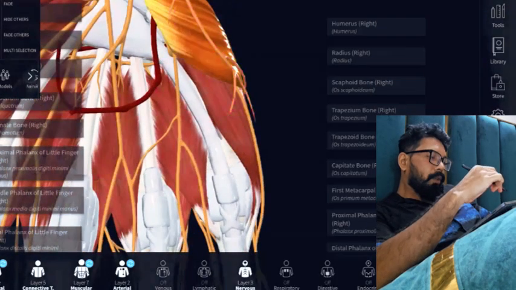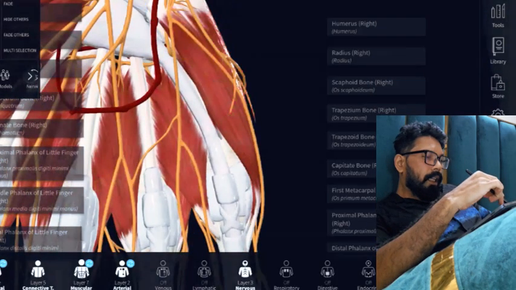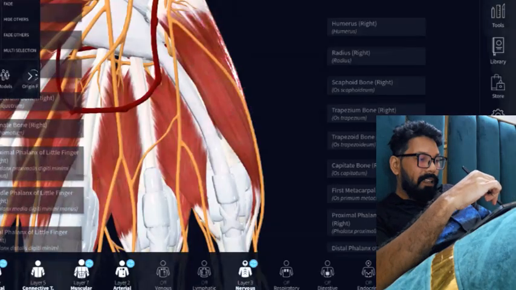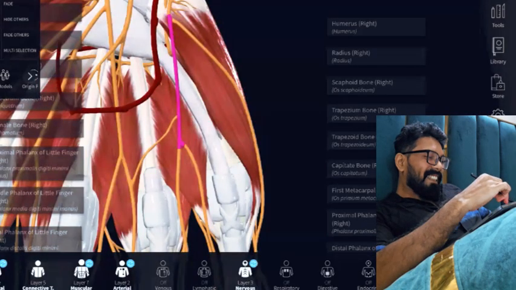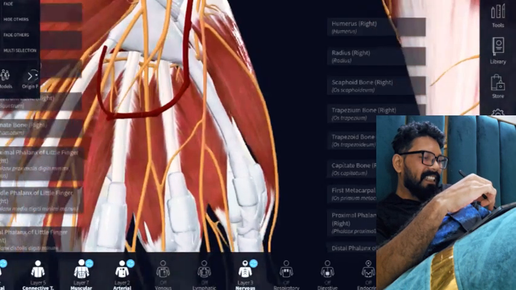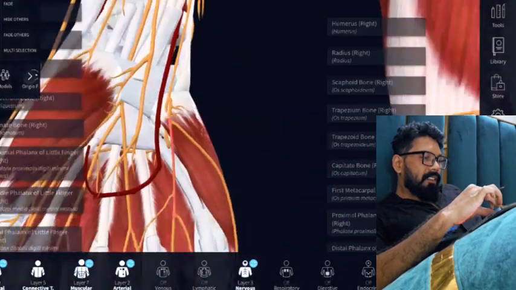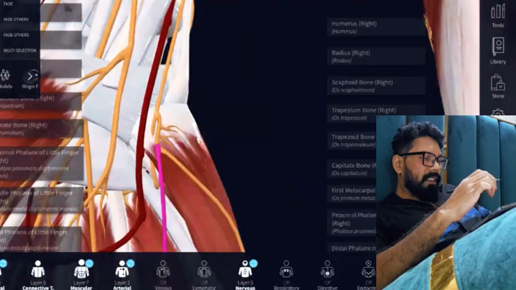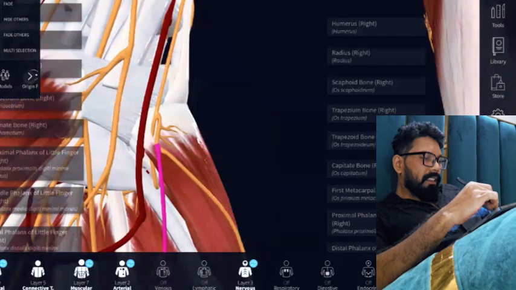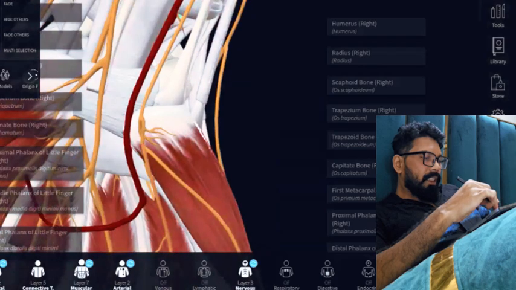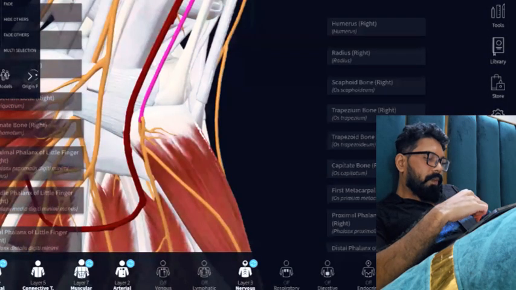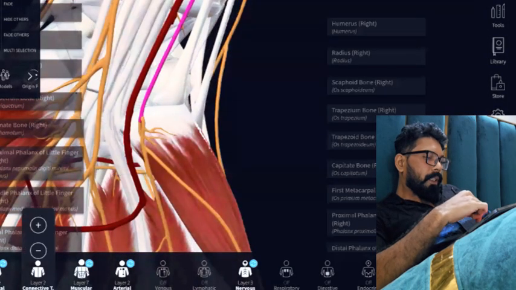Inside a canal, sorry guys, inside a canal that is called Guyon's canal. Before entering the canal, it gives the dorsal ulnar cutaneous branch. Let me hide the connective tissue and the muscles too, and you can see it properly.